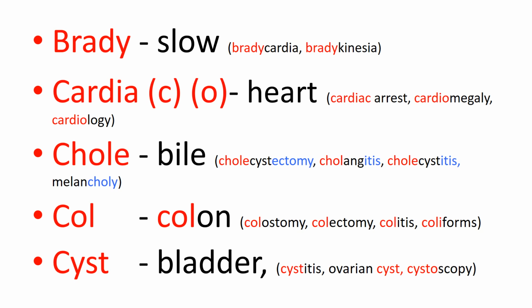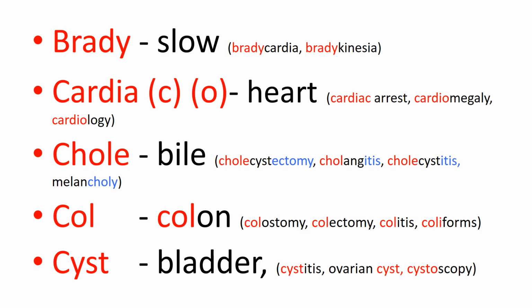Colitis is inflammation of the colon. This could be a simple viral or bacterial infection. Or it could be ulcerative colitis, which is an inflammatory disease affecting the colon. Now, coliforms are the sort of bacteria that normally live in the colon.